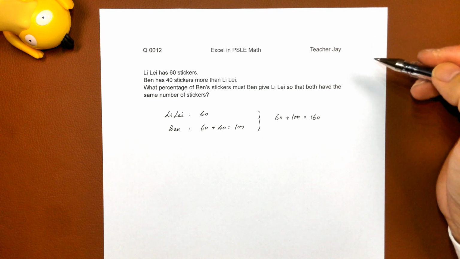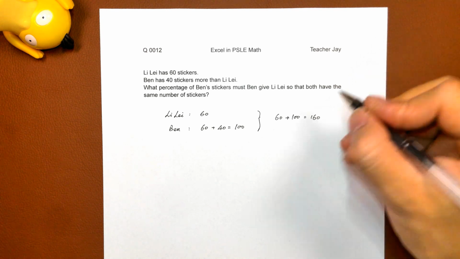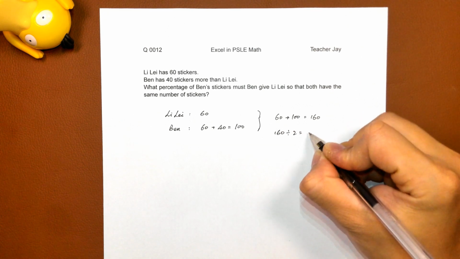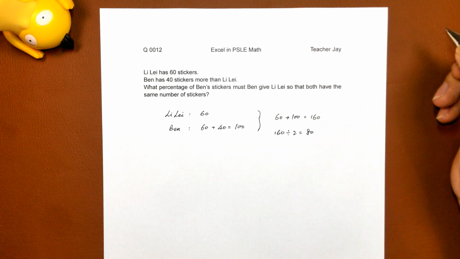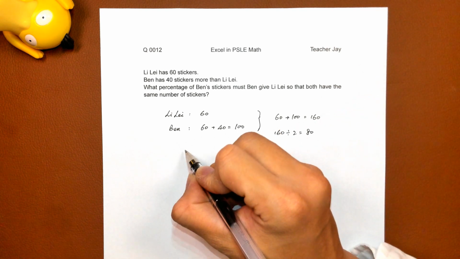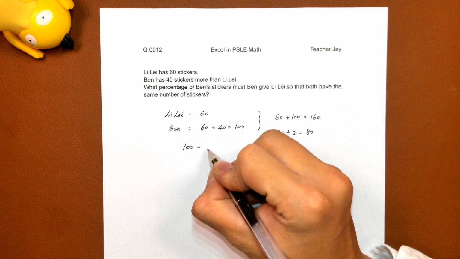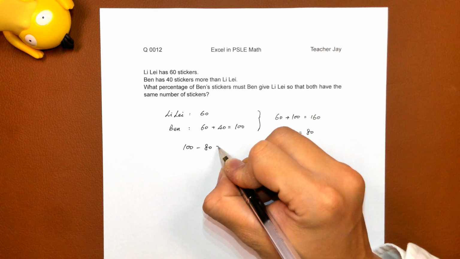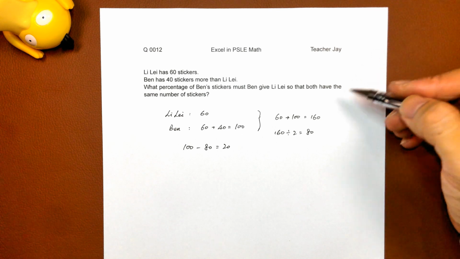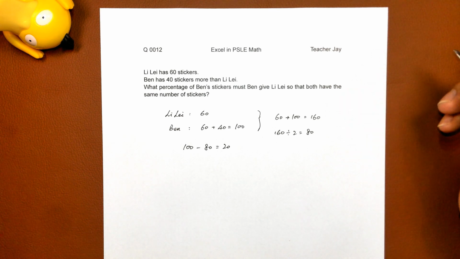And since they have the equal number of stickers, we use 160 divided by 2. Finally, they will have 80 stickers each. And Ben will give 20 stickers to Li Lei in order for both of them to have the same number of stickers.